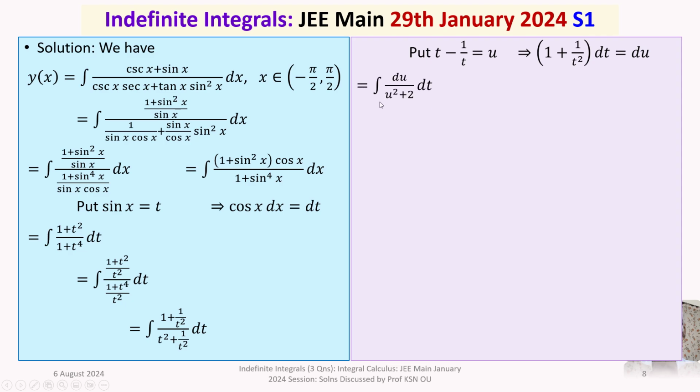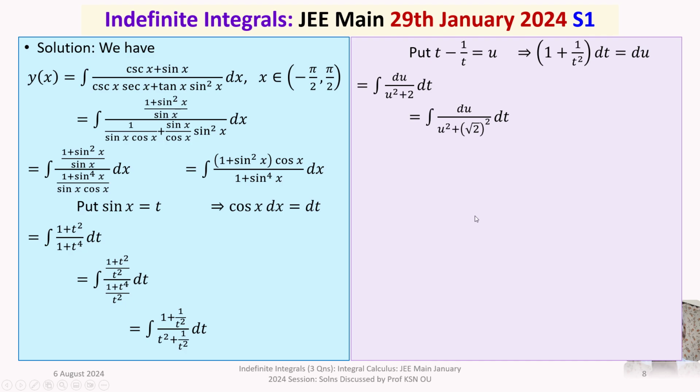So this will be the integral of du by u square plus 2. The dt is not there, it's a typographical error. The integral of du by u square plus a square, where a is root 2.